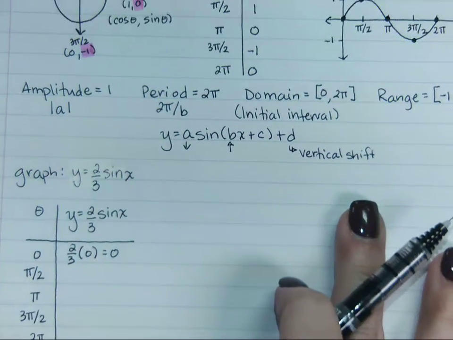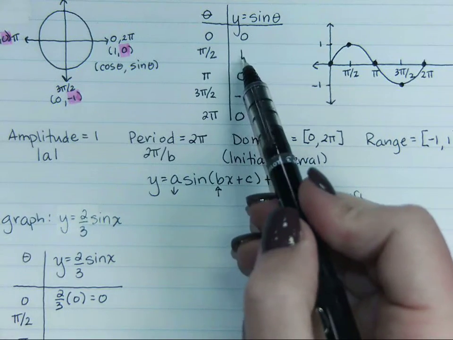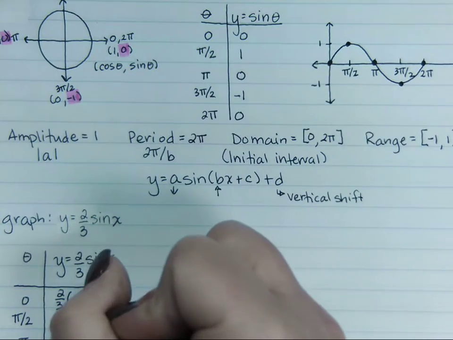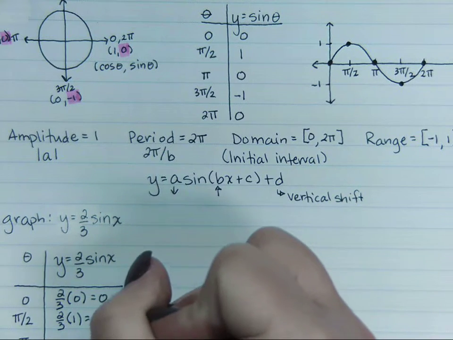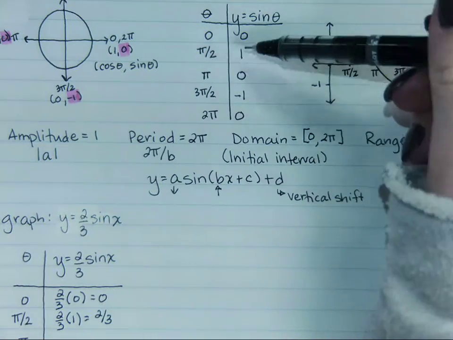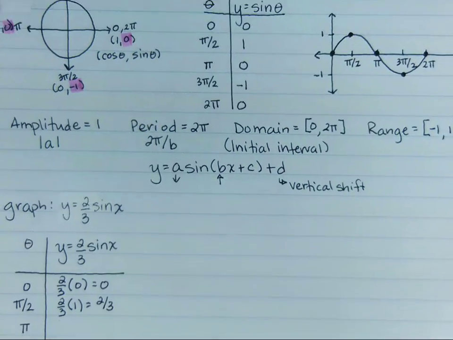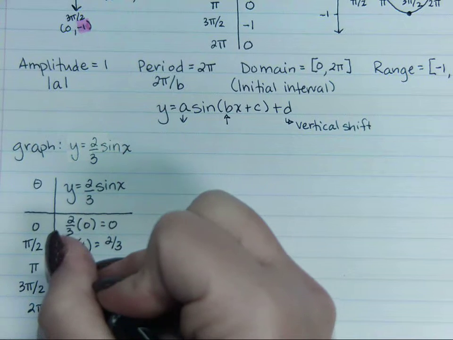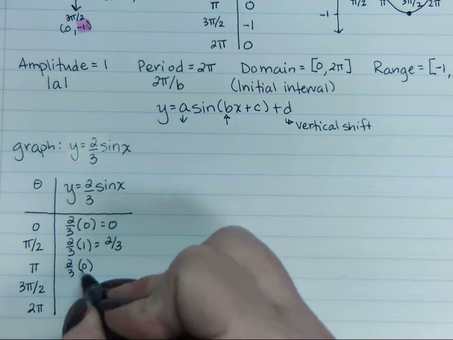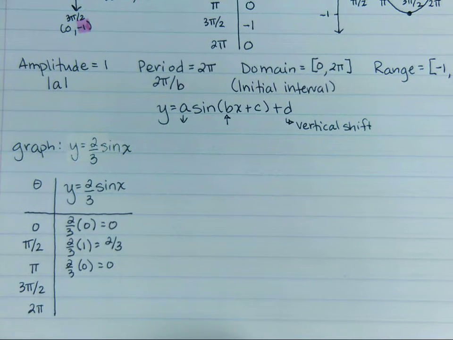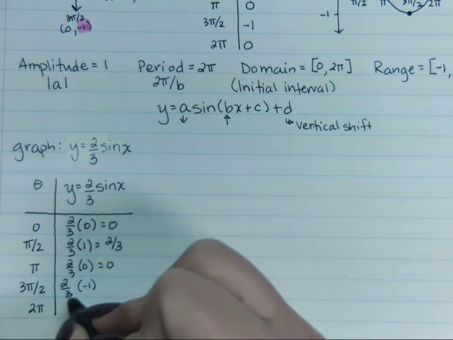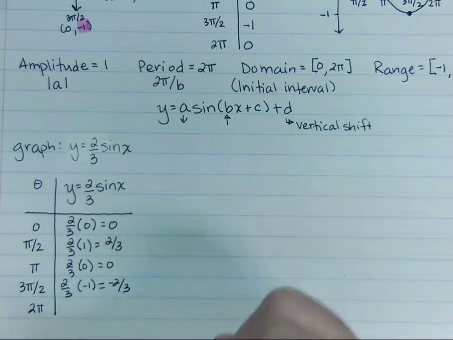At pi over 2, look what happened at pi over 2. Originally, the value was 1. So I'm going to take 2/3 of what my original output is, which means I'm only going up 2/3 of the way high. Right? Again, we're going to use all of these output values and just change how high up they go. So at pi, the sine of pi was 0, so I want 2/3 of 0, which is just 0. At 3 pi over 2, it was originally -1, and I want 2/3 of -1, which is -2/3.